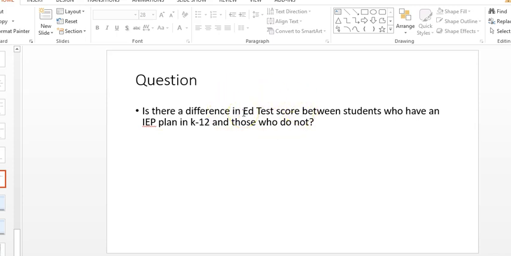I want you to do that by looking at the descriptive statistics for those two variables, doing the appropriate measure of central tendency, the appropriate measure of variance, and running a histogram. I'm going to pause the video at this point so that you are able to do that. And then when you've done that, please come back.